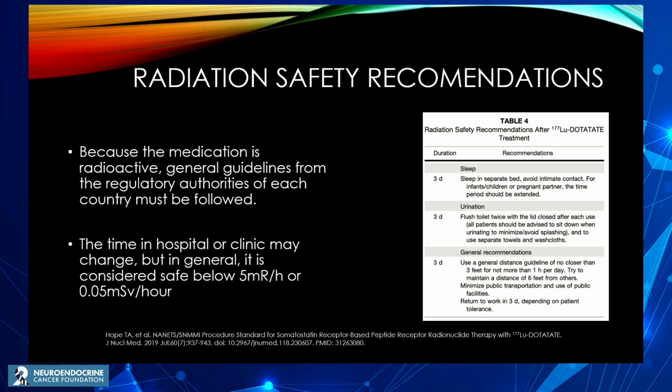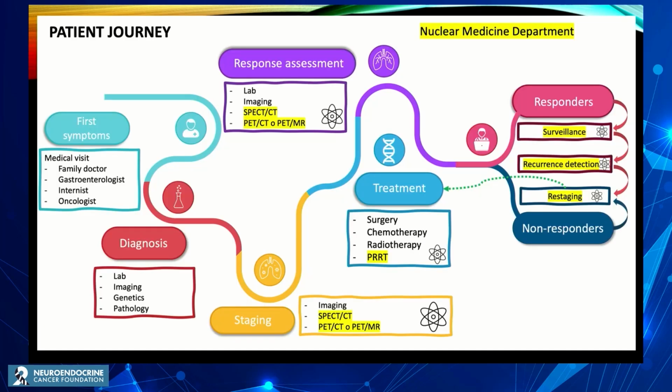The second group is urination, or the excretion of the radiopharmaceutical via renal excretion. The toilet should be flushed twice, and it's very important that the patient sits on the toilet. Also, as a general recommendation, the distance between the patient and the public should be at least 3 meters, and they should stay no longer than 1 hour per day.